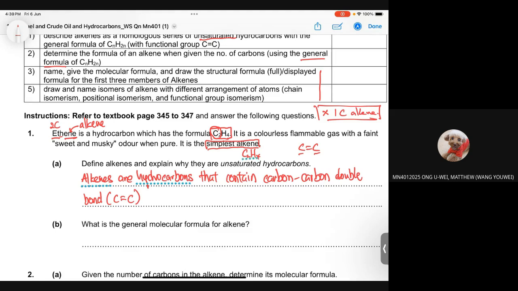Then the next question is, why are they considered unsaturated? So this is the reason why they are unsaturated. Because they're not saturated. Yeah, obviously they're not saturated. But why are they considered not saturated? It's because they contain what? They're unsaturated as they contain... What do you think it is?